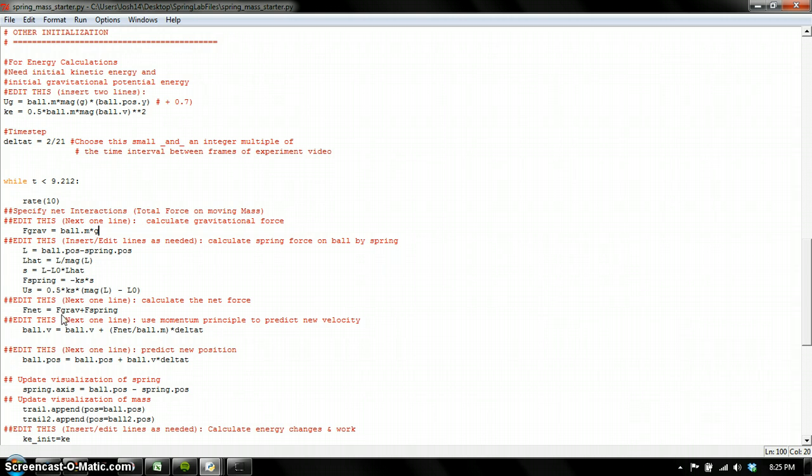Adding those together, you get Fnet. Apply it to determine the change in the velocity of the ball, and then use the velocity to calculate the change in position.